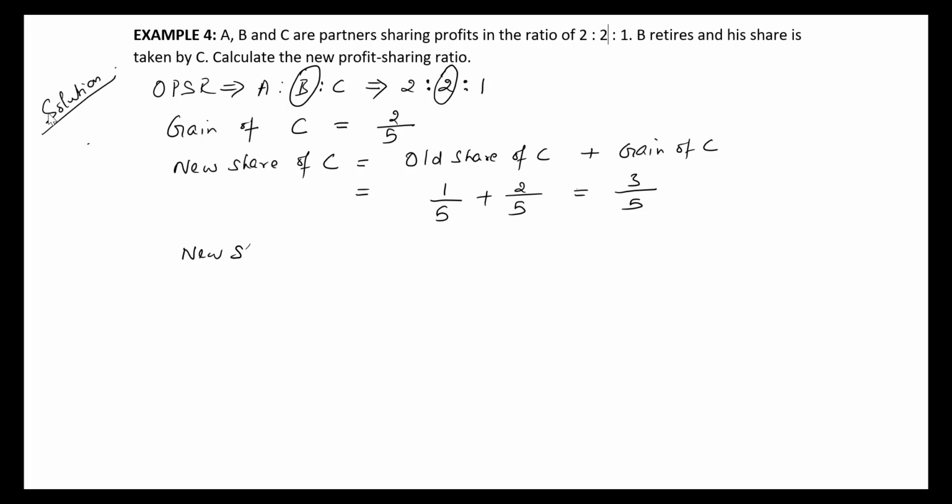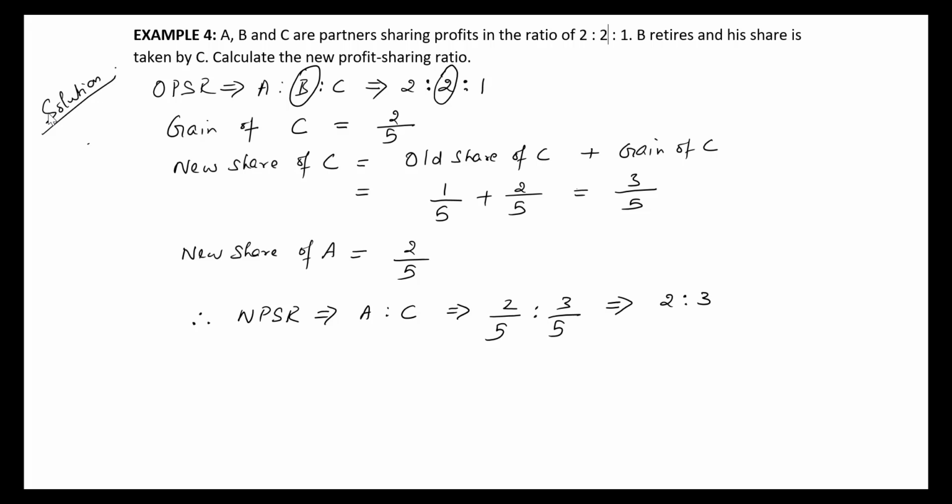The new share of partner A remains the same as 2 divided by 5. Hence, the new profit sharing ratio between A and C is equal to 2 divided by 5 is to 3 divided by 5, or in other words, 2 is to 3.